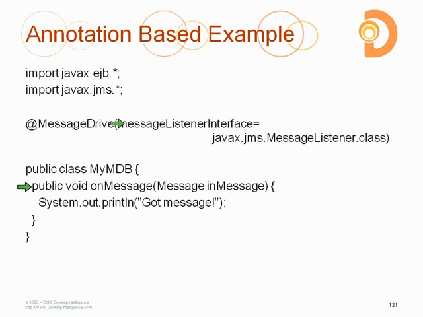In this case, it's onMessage. The thought process behind the purely annotation-based example is that, again, this class doesn't have a dependency on the EJB framework, nor does it have a dependency on the JMS message listener interface. So I can treat it as a POJO in some other scenario and move on with life.